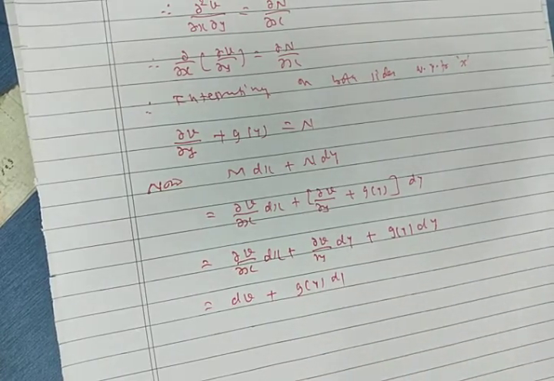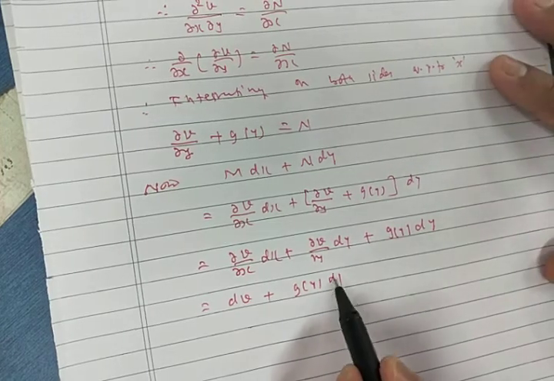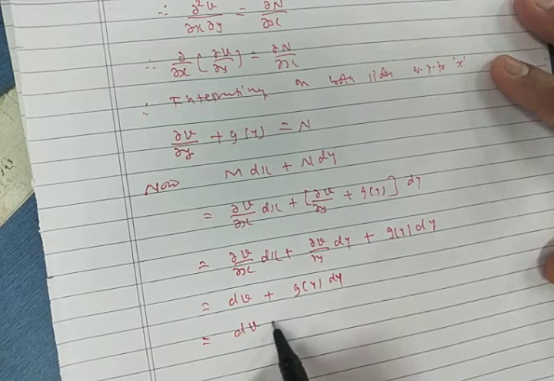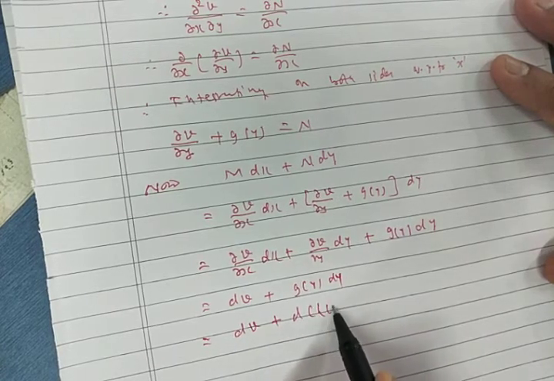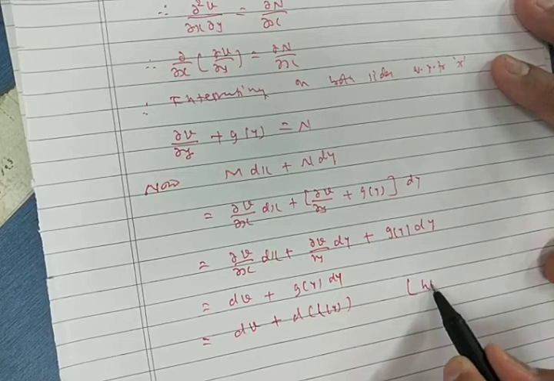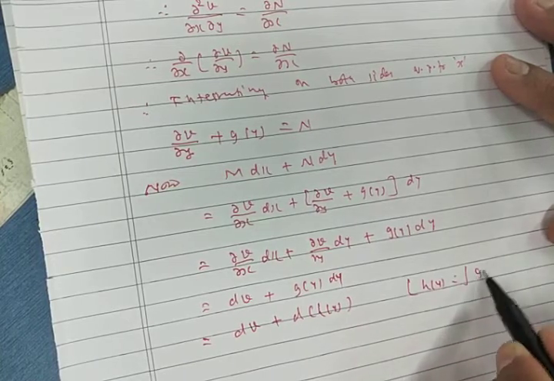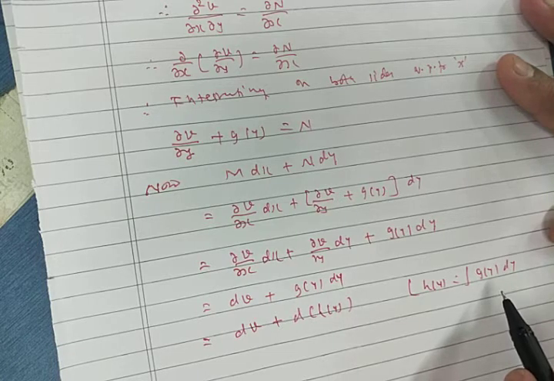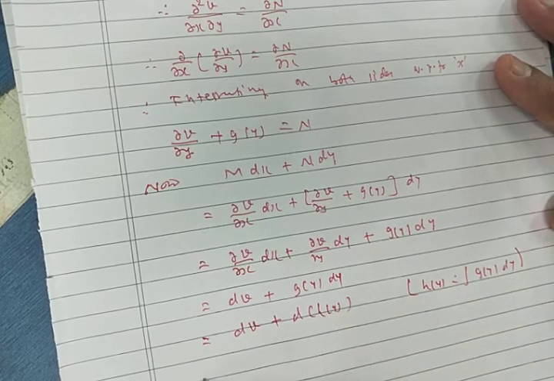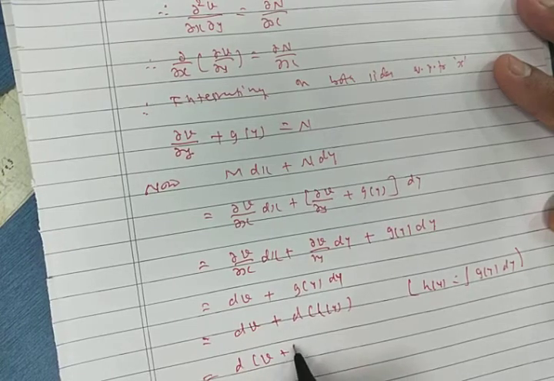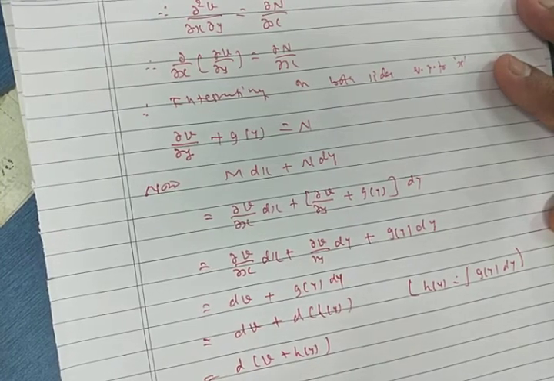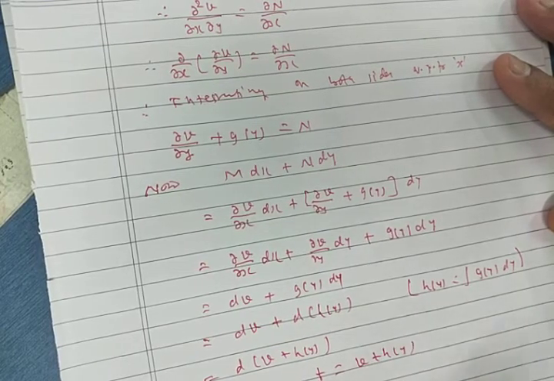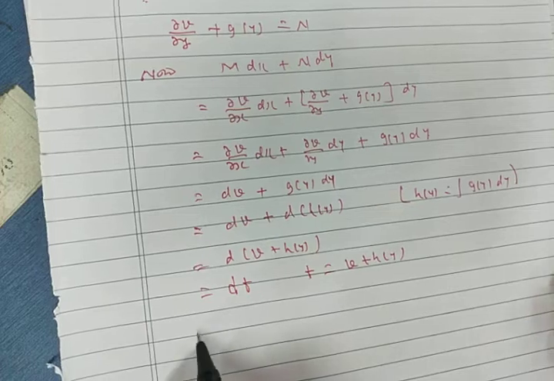Now consider a new function that is equal to dv plus the derivative of some function h of y, where h of y is nothing but the integral of g of y dy. Consider this one. So we get this thing. So that is equal to v plus h of y. So that is df. F is equal to v plus h of y.